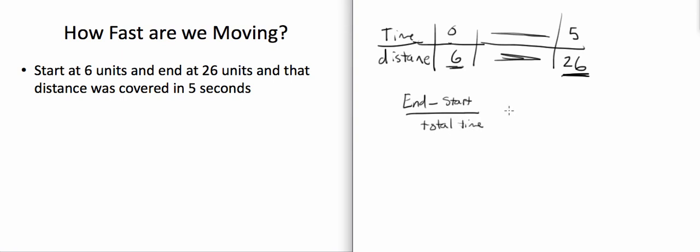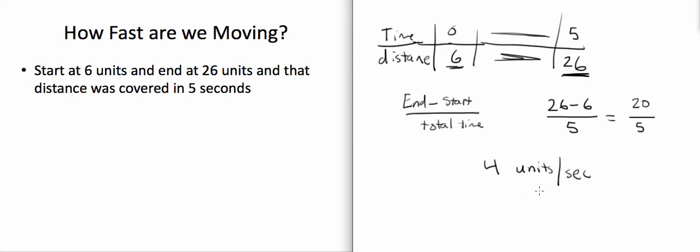For those of you that are familiar with acceleration in science, this is exactly what we were doing there. So that's 26 minus 6, divided by the total time of 5 seconds. Order of operations as we simplify: that's 20 divided by 5. So we're moving at 4 units per second.